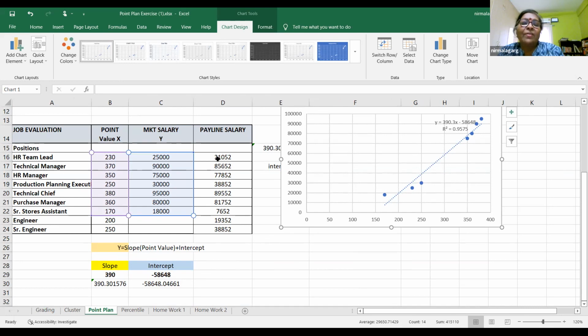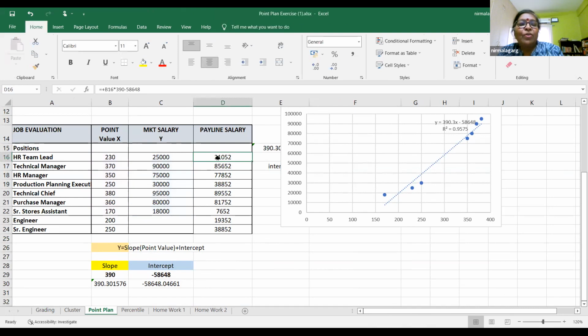Now, if I'm calculating the position HR team lead salary, what is the formula I've written here? You have to multiply B16, that is the point value, by slope, because here intercept is minus intercept.